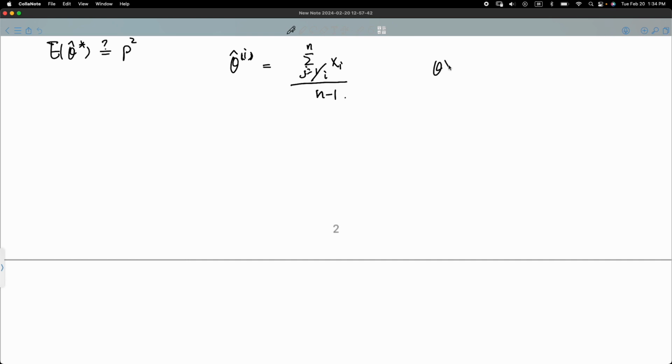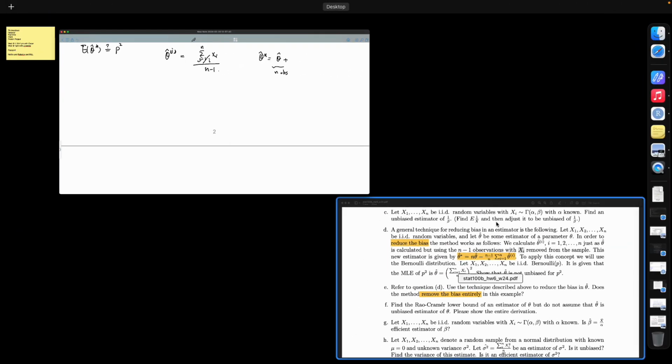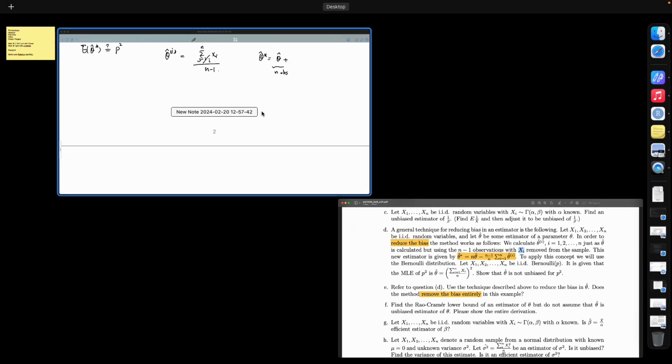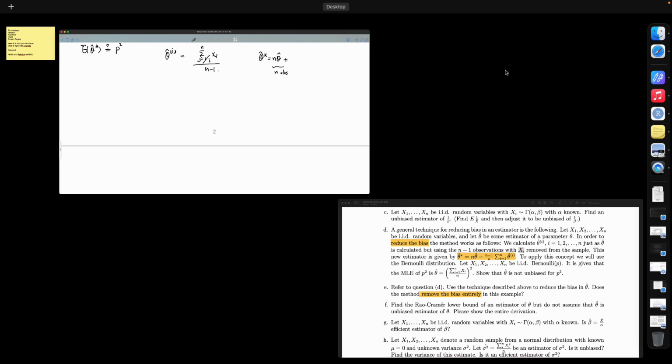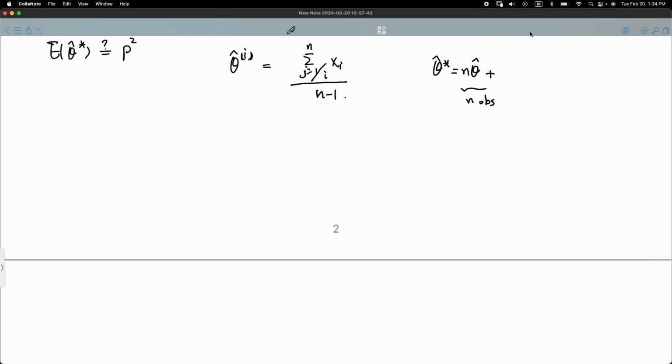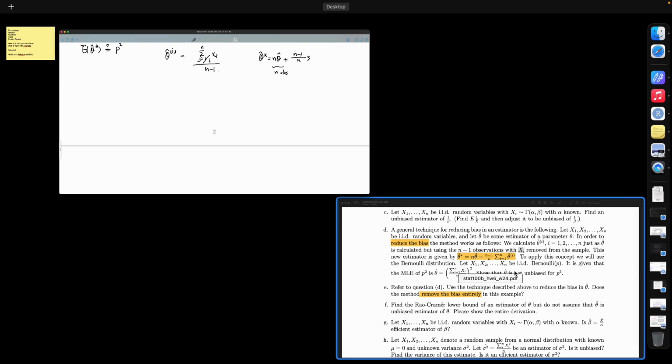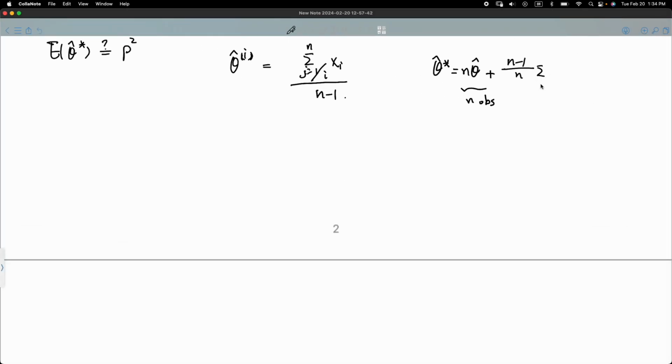And then theta star is equal to n times theta hat, which uses all n observations, plus n-1 over n times the summation over i from 1 to n of theta hat i.